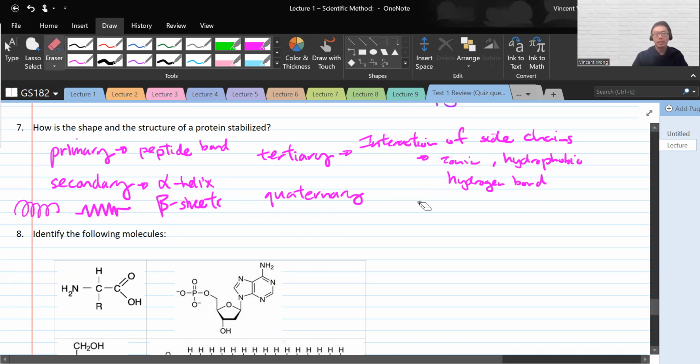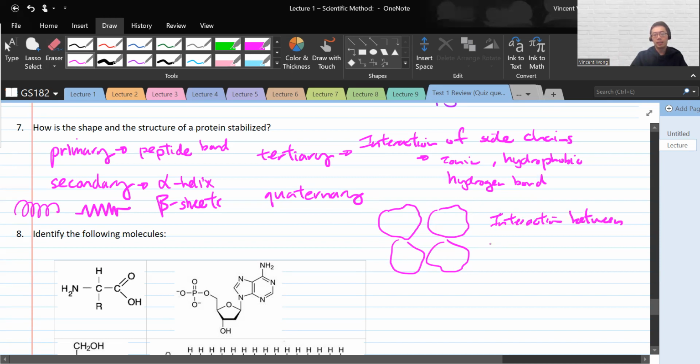For example, in hemoglobin, we have 4 different proteins that come together and form a complex. Which proteins do we need to bring together? That's the quaternary structure. And what holds it together would be interaction between polypeptides. Okay, so that's a polypeptide.